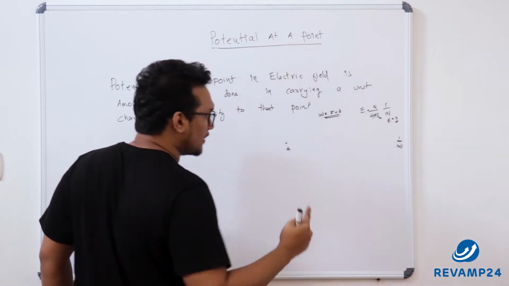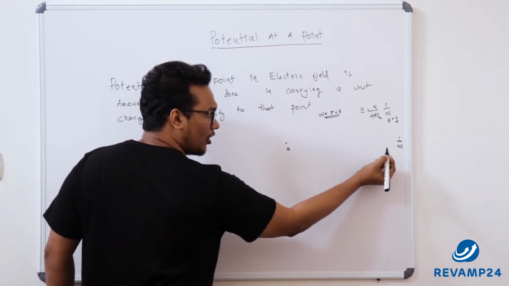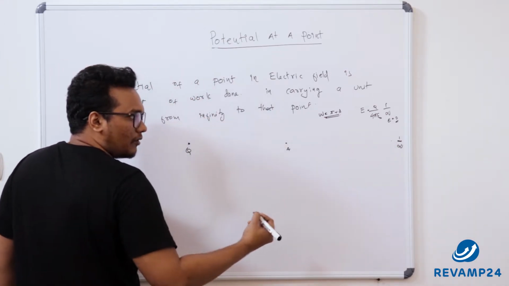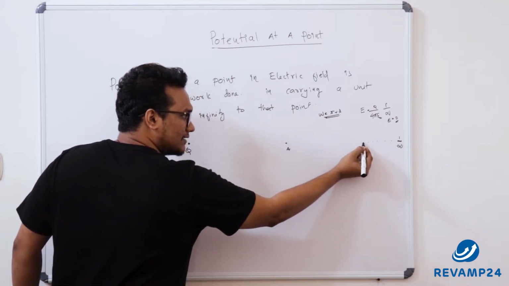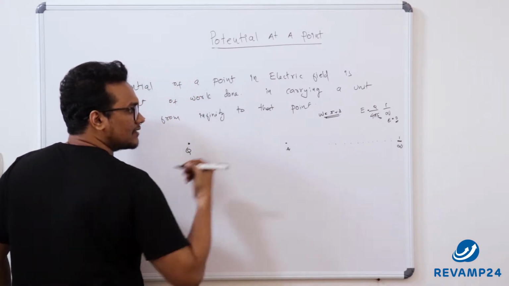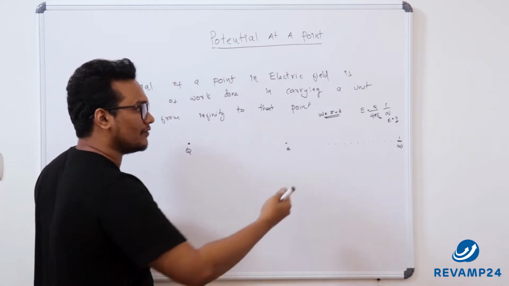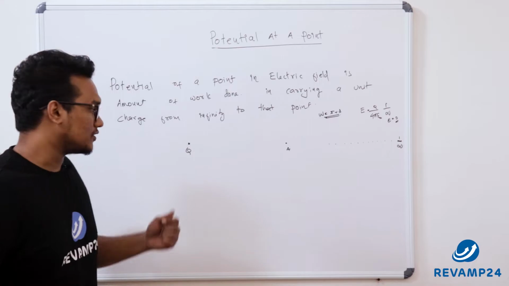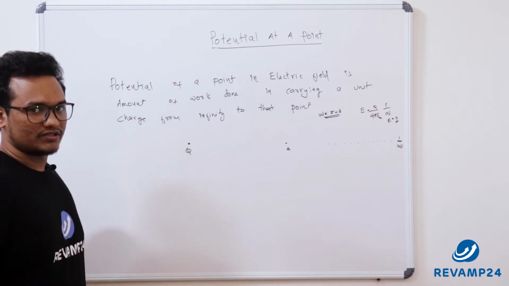One thing is very sure: the force at infinity is 0. From here it will be a small value, and again the force will increase. At different positions, to keep the charge moving, we have to apply different forces, because this is a varying electric field with respect to a source charge.